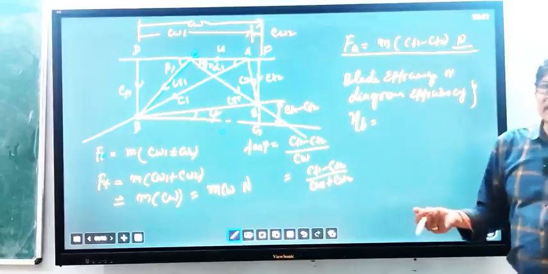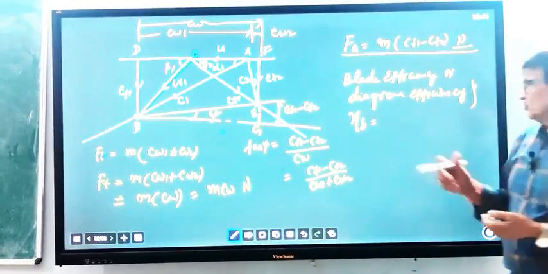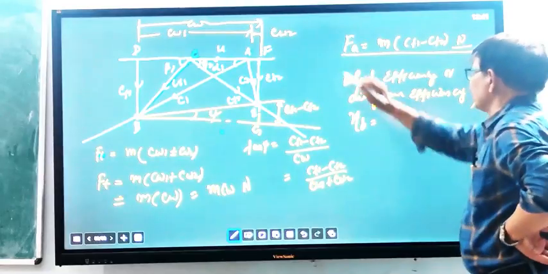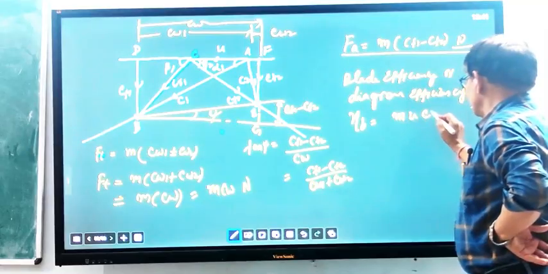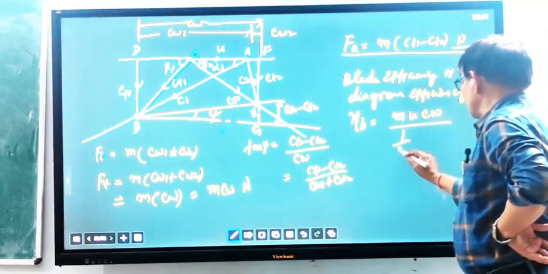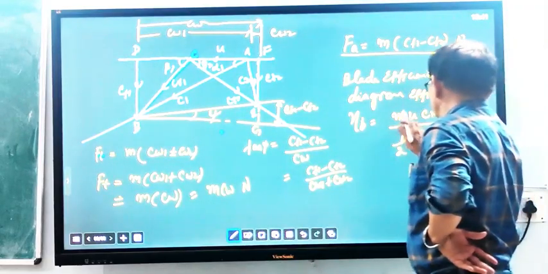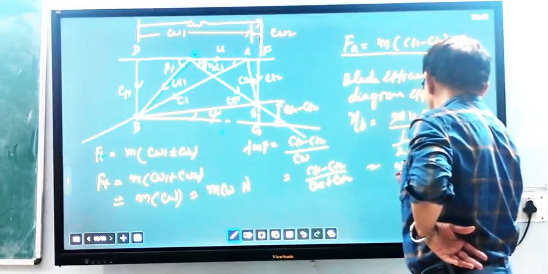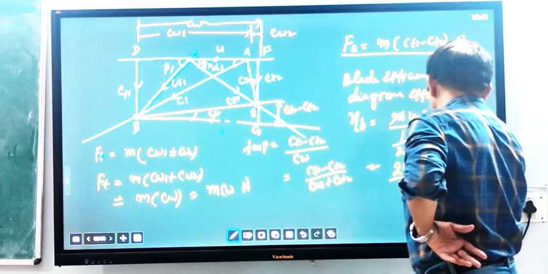The ratio of work done by the blade to the kinetic energy entering the blade per second is known as the blade efficiency. Already we have calculated work done as m U Cw, divided by the kinetic energy entering per second, 1 by 2 m C1 squared. Removing m, we get 2 U Cw upon C1 squared.